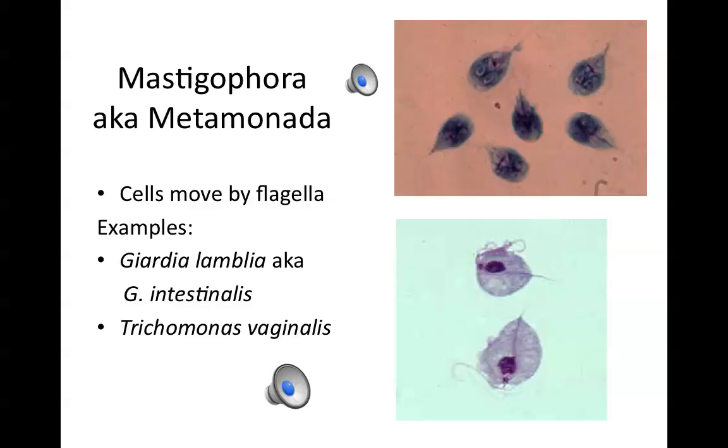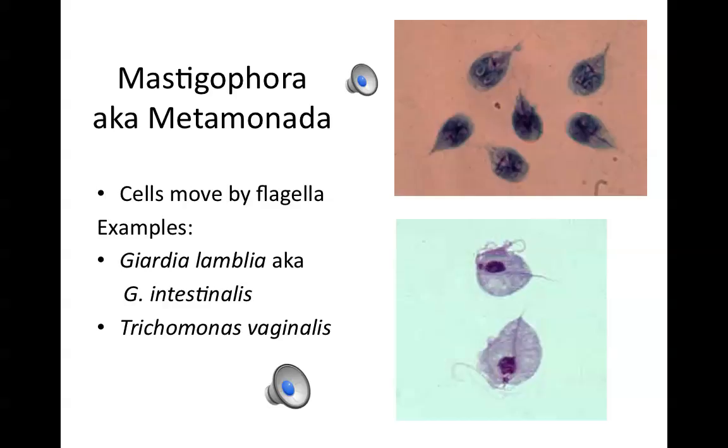Metamonada is the more modern classification scheme, but there are still quite a few parasitologists that still recognize Mastigophora as a phylum as well. As you may recall, these unicellular eukaryotes are quite diverse, and there's a bit of a challenge. The challenge is, of course, trying to determine through scientific means which phylum to classify some of these organisms in.